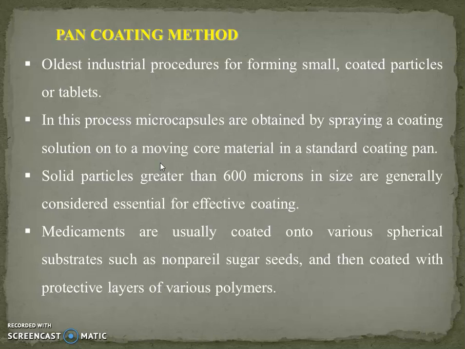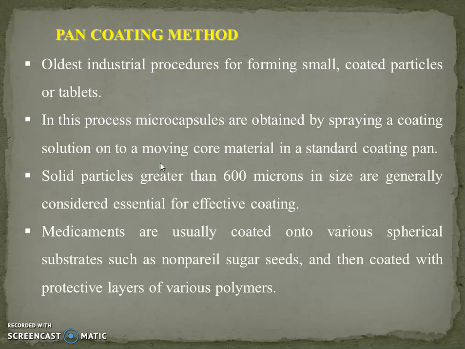The medicaments are usually coated onto various spherical substrates such as nonpareil sugar seeds and then coated with a protective layer of various polymers. A number of equipments are used in the pan coating process. These equipments are the standard coating pan, modified coating pan, and the perforated coating pan.